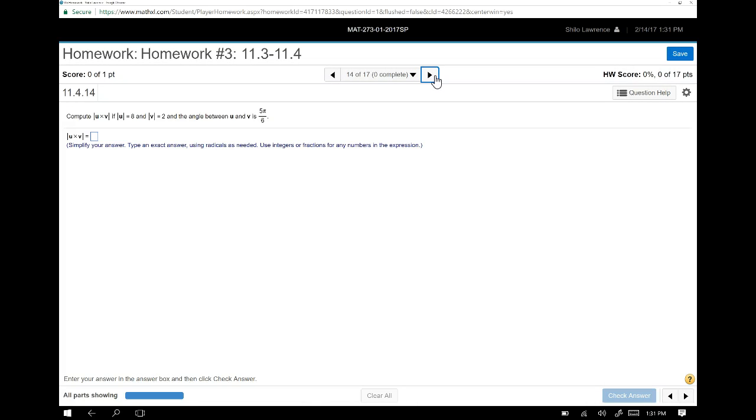14 says compute the magnitude of U cross V, if the magnitude of U is 8 and the magnitude of V is 2 and the angle between them is 5 pi over 6. We have a formula back in our geometric properties of the cross product that will help us figure this out.